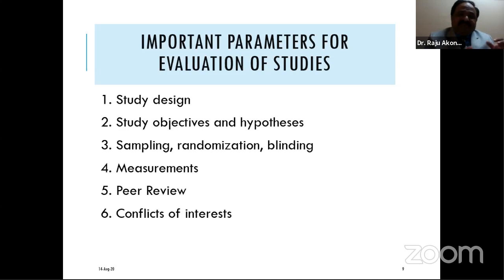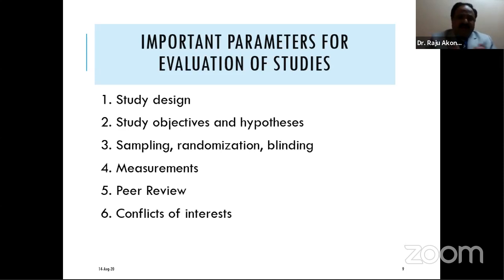Each database is targeted towards a particular group of population. Then your search is authentic, valid, and accurate, and your search will lead to certain answers. And those answers will be more valid for your question, and you can believe such answers after evaluation of that. Okay. Now coming back to the parameters for evaluation of the studies.